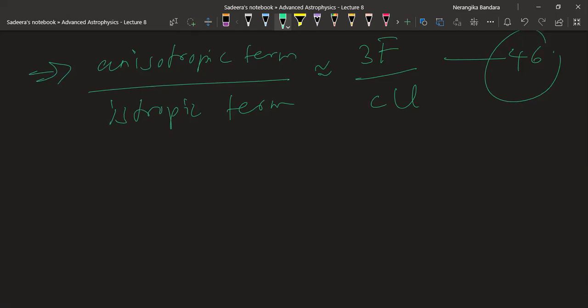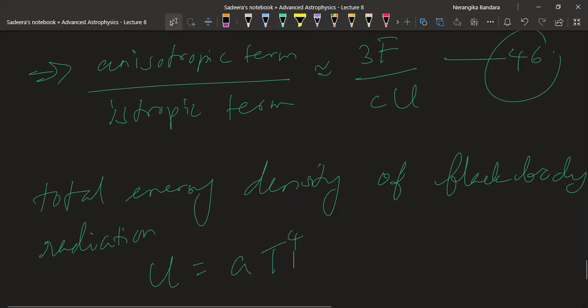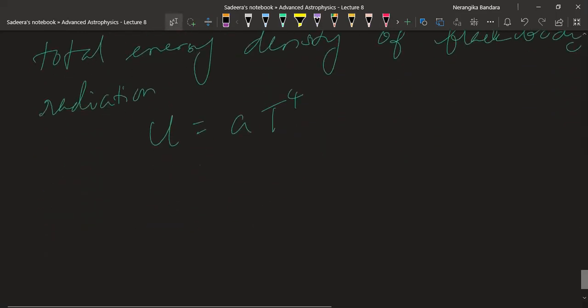And also we know that the total energy density of black body radiation would be equal to a T to the 4, we got something like that.